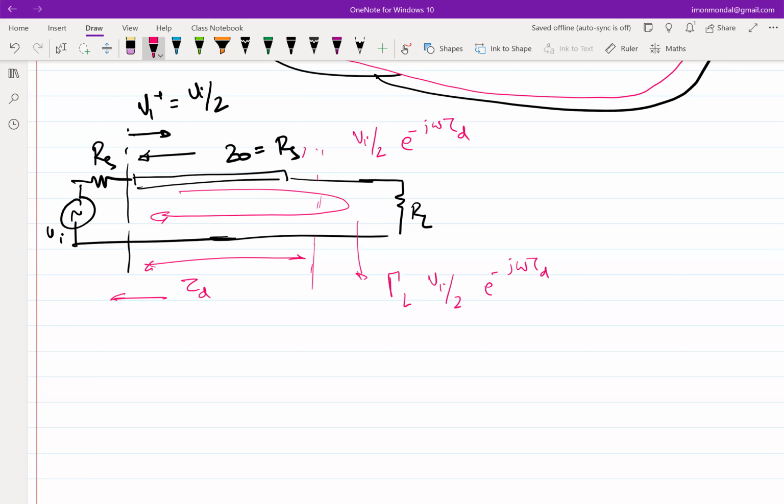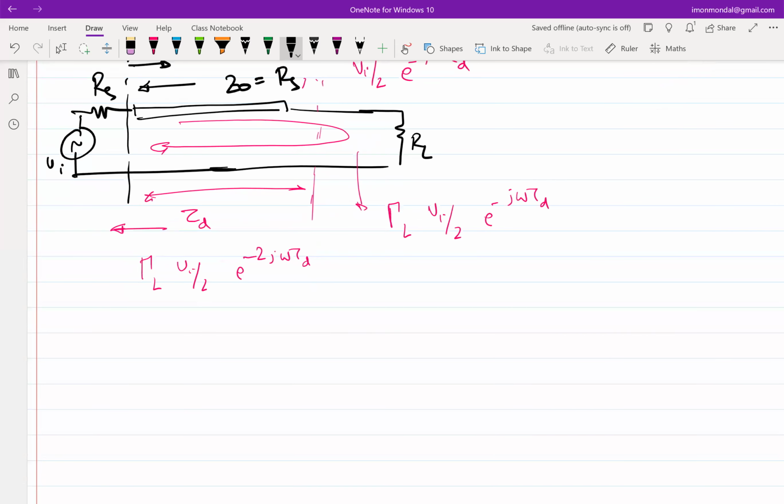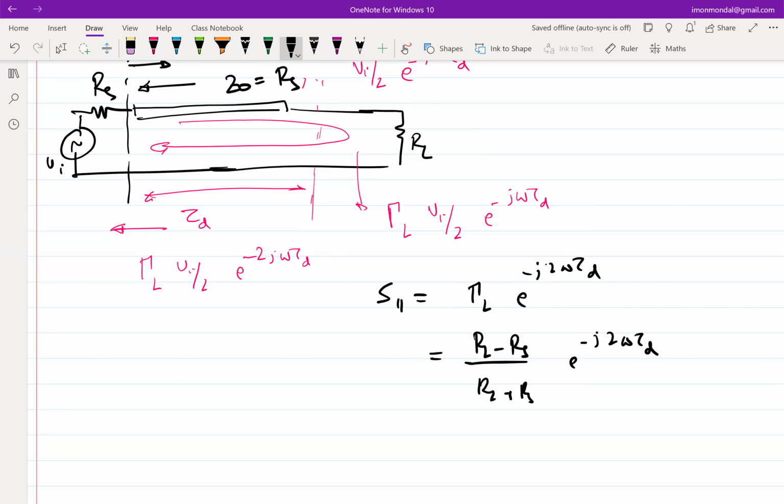And the reflected wave that comes here is gamma L Vi by 2 e to the power minus 2j omega tau d. Right? So what is your S11? By definition, S11 is reflected by incident, which is equal to gamma L e to the power minus 2j omega tau d, right? And gamma L by definition is RL minus RS by RL plus RS.